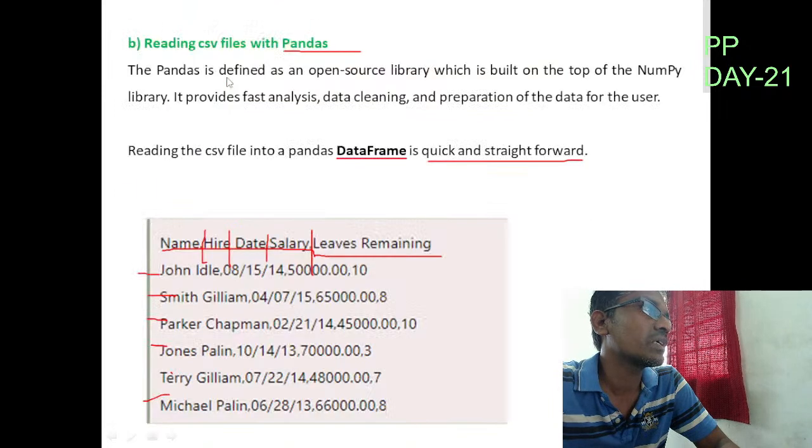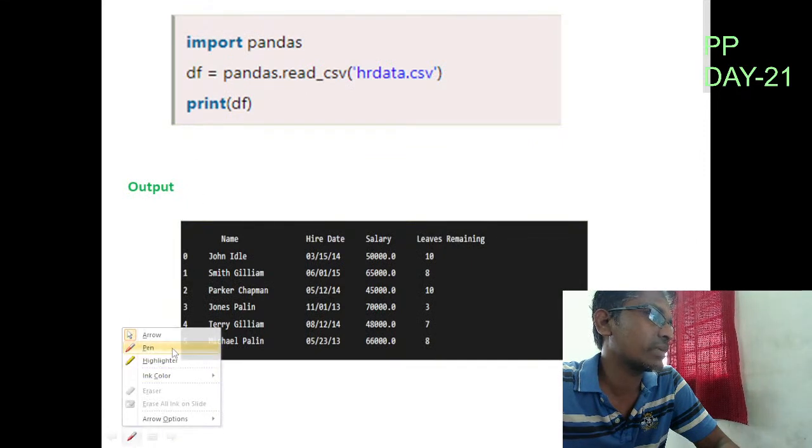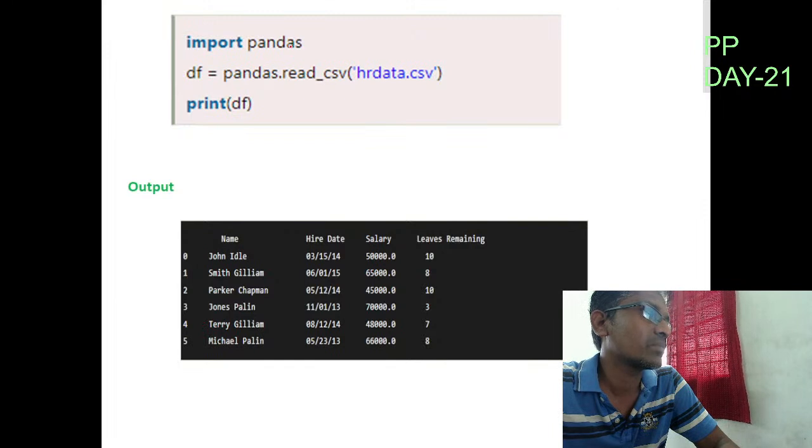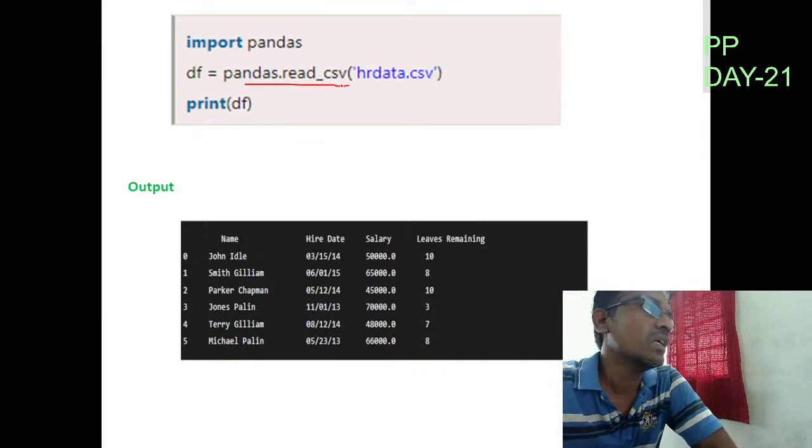Now how do we read that CSV file in pandas? First you need to import the pandas library or module. After that, you use the pandas.read_csv function to read the CSV file.